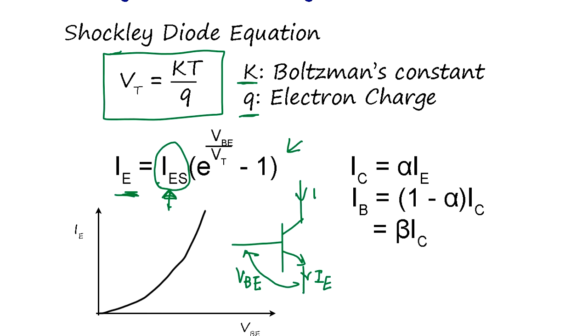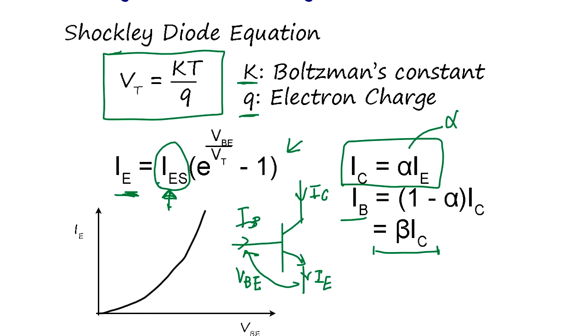So the relationship between IC and IE is given by this alpha. And since this IB is the remaining difference between IC and IE, IB becomes IC over beta. So this beta increases as temperature increases, then VBE decreases to keep up with the same current if current is given here.